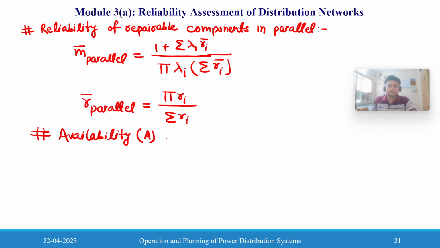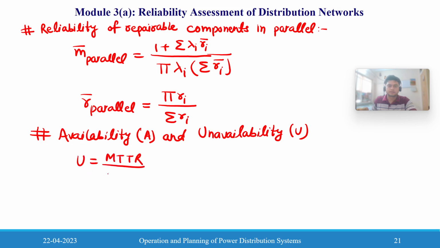And if we write availability and unavailability of components, availability is denoted as A and unavailability denoted as U. So unavailability is mean time to repair to mean time between failures, so r bar divided by r bar plus m bar, lambda divided by lambda plus mu.